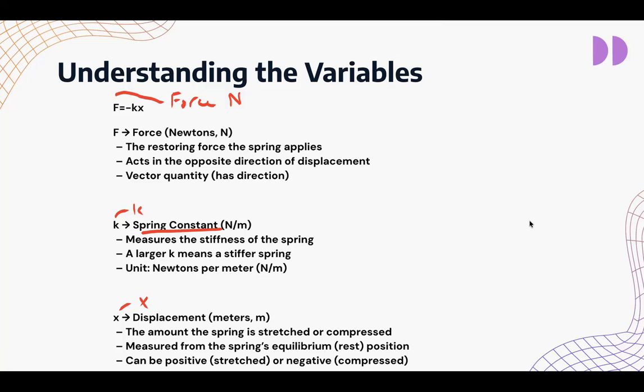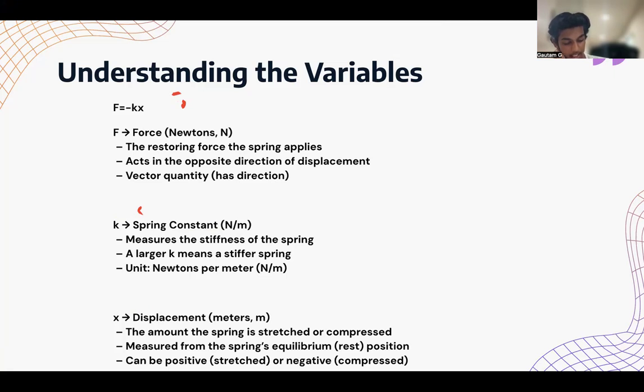So when we're looking at this equation, this represents the force that a spring can output with the amount it has been displaced, right? I think the most confusing thing about this is the spring constant.